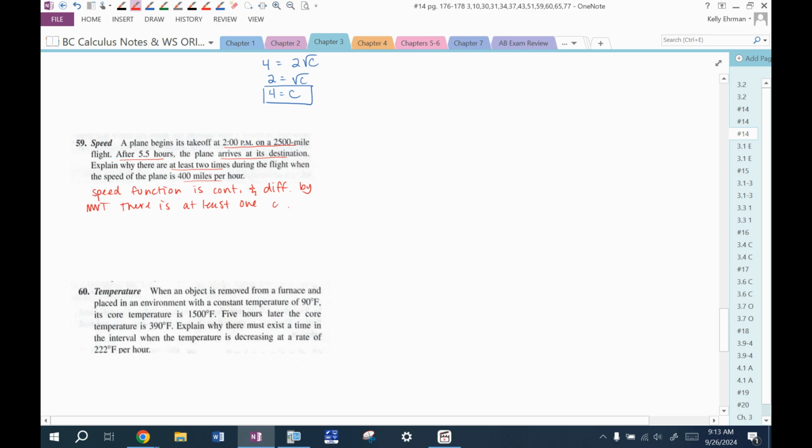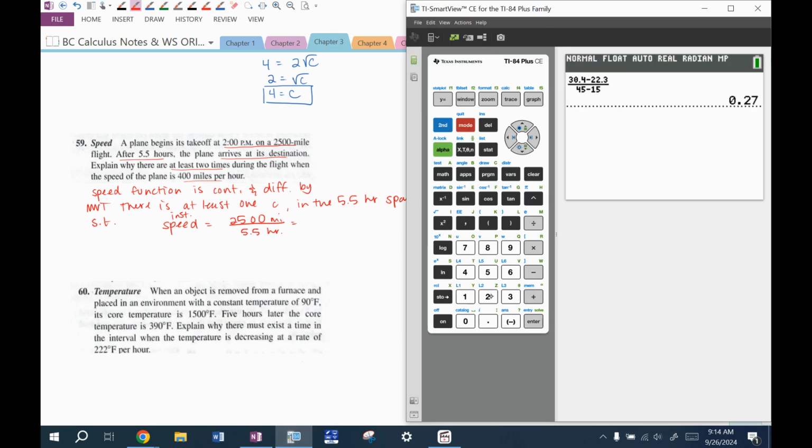At least one c, I'm going to say, instead of between this and this, there's one c in the 5.5 hour span such that the instantaneous speed is equal to, let's see, we did 2,500 miles in a total of 5.5 hours. That's an average rate of change. And what is 2,500 divided by 5.5?